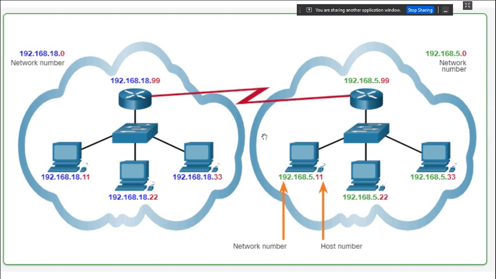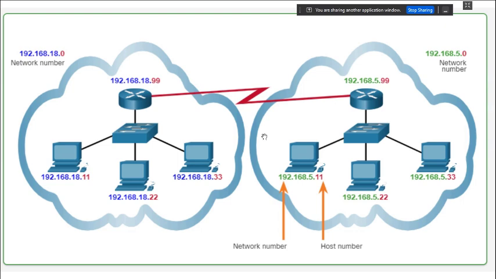If you look at this diagram, these are two networks. One network is to the left, another network is to the right. Now if you look at all the IP addresses on the network to the left, the first 3 octets are the same.